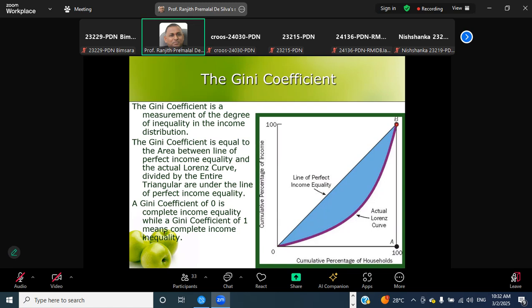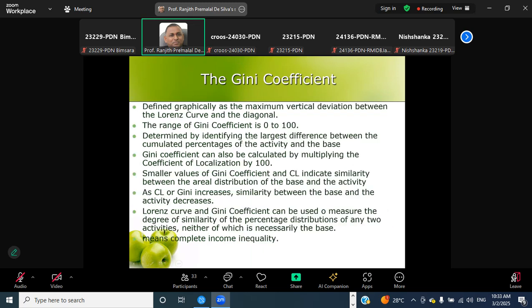A Gini coefficient of 0 is complete income equality, while a Gini coefficient of 1 means complete income inequality. 1 or 100, because earlier it said 100. So the Gini coefficient goes from 0 to 100, or the actual Gini coefficient should be 0 to 1, so you multiply it by 100.